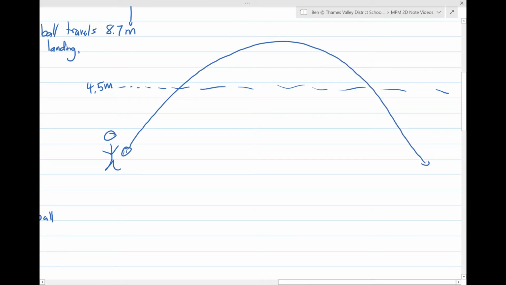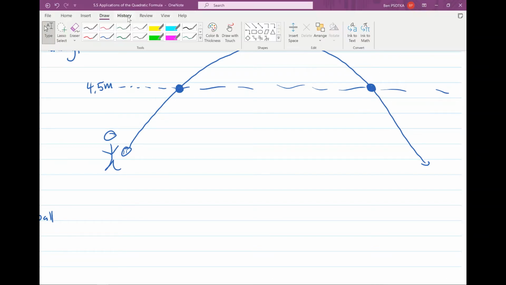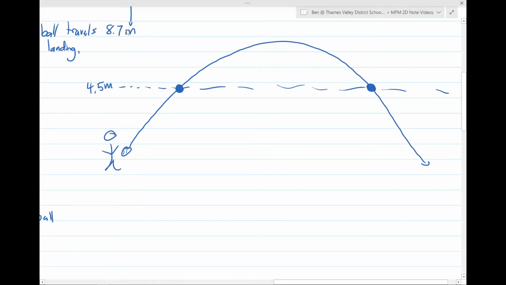Well, we know from the properties of a quadratic, if there's a point right here along our quadratic and a point right there, since they have the same height, we can find the axis of symmetry, because it's going to be the same distance from each of these. Our axis of symmetry will be right in the middle. That is, it's going to be the average of both of these.